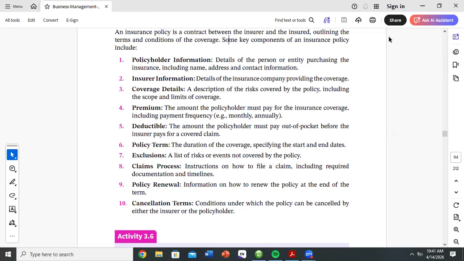Say yes. Question 3. Yes, point 3. Coverage details: a description of the risk covered by the policy, including the scope and limits of coverage.